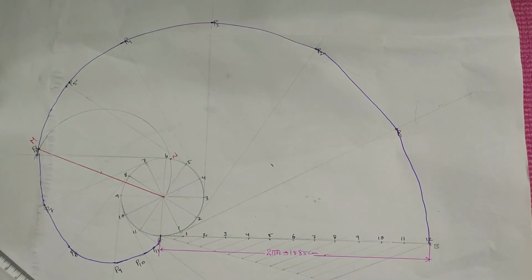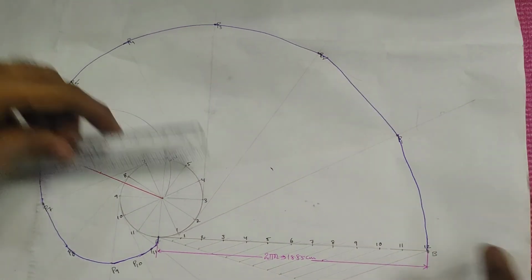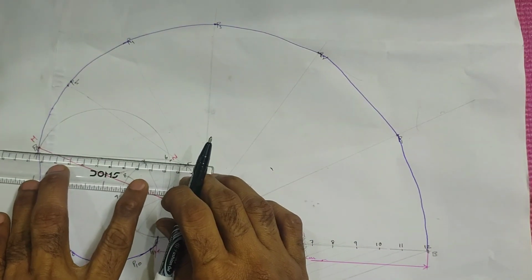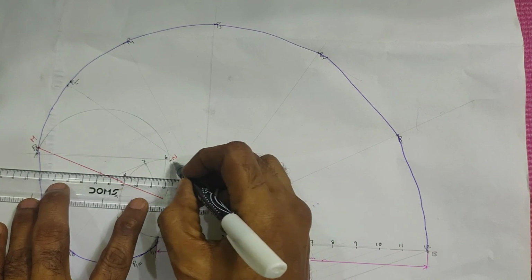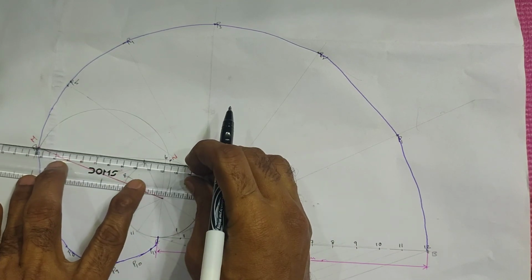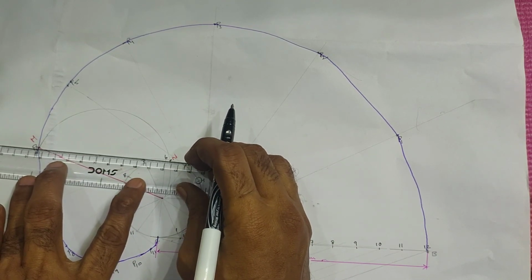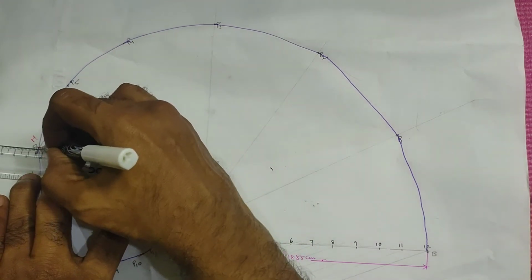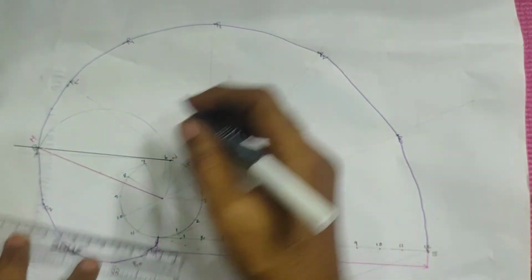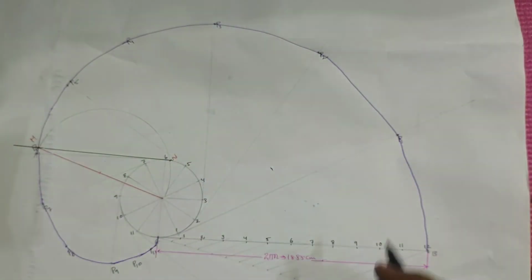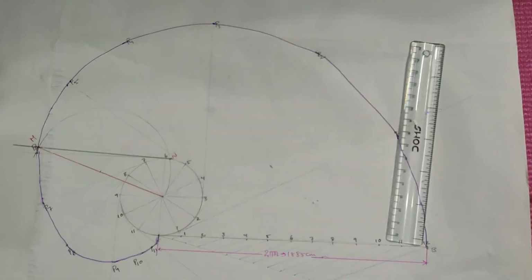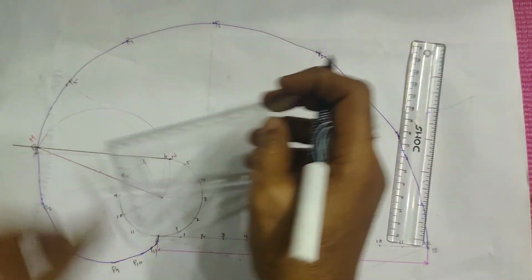Join M and N to get the required normal. So this is the normal, and after that draw a perpendicular to this normal in order to get the tangent.